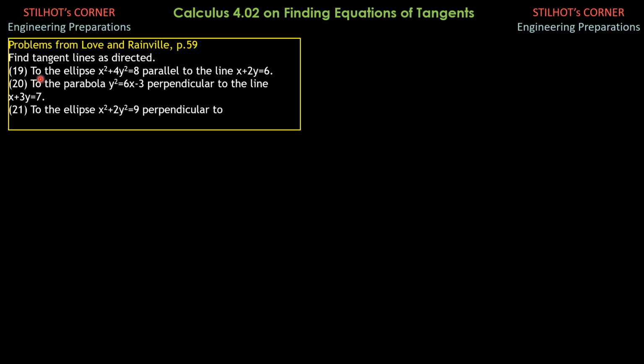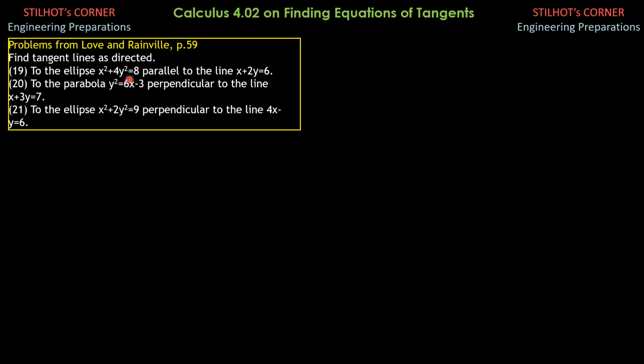Tangent to the ellipse x squared plus 4y squared equals 8 parallel to the line x plus 2y equals 6. Since you are now in the calculus course, you should be able to sketch graphs of conic sections. This is an ellipse with center at the origin.